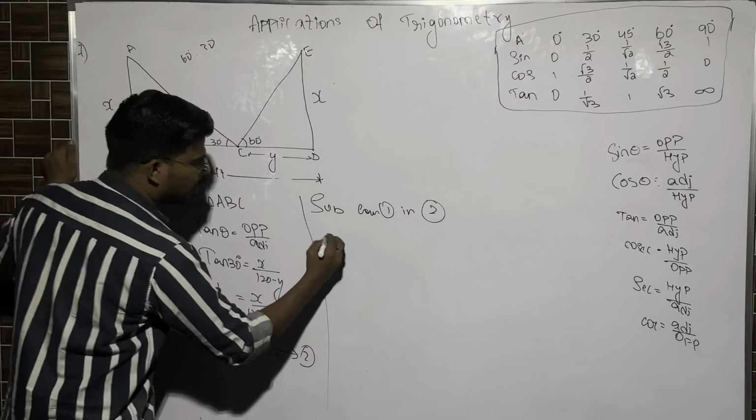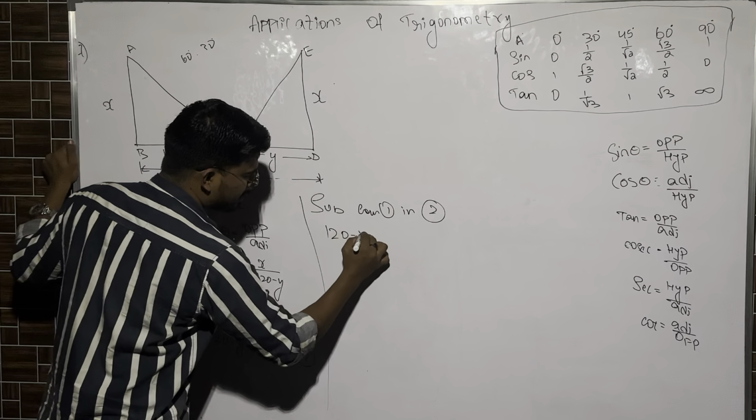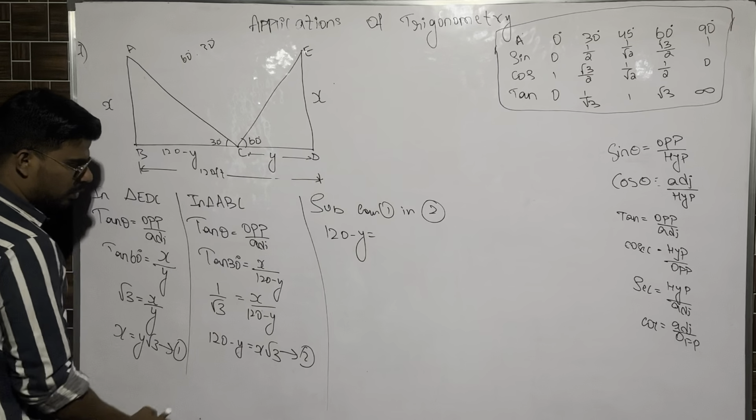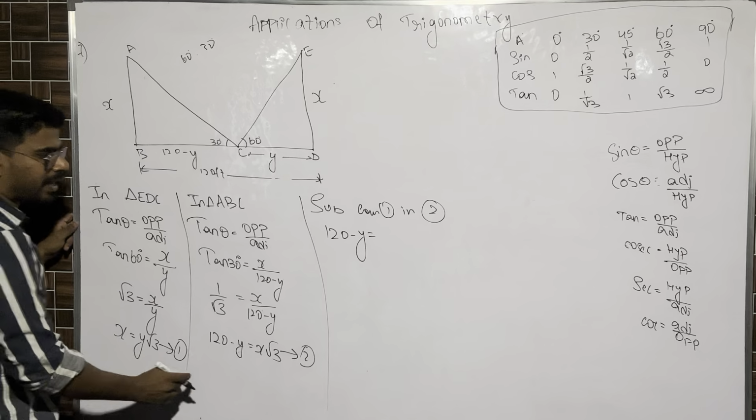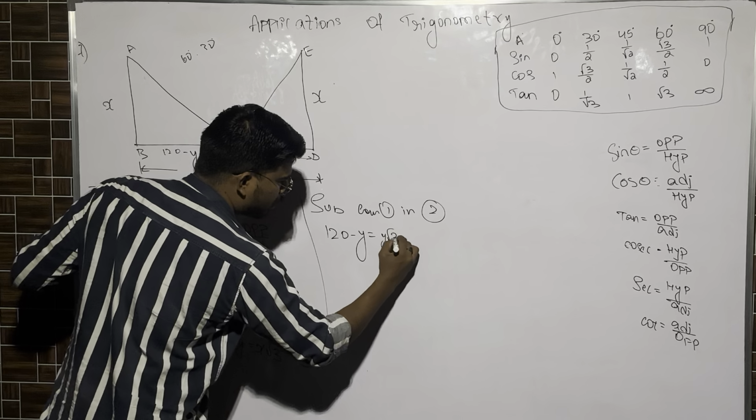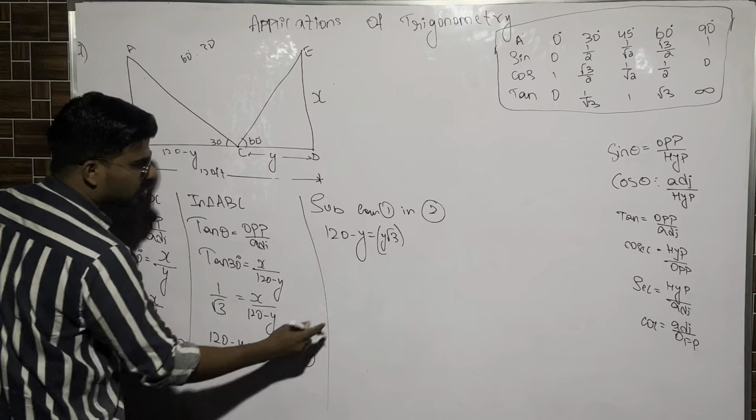What is equation 2? 120 minus Y is equal to X root 3. What is the value of X? Y root 3. Instead of X, we write Y root 3. So 120 minus Y is equal to Y root 3 into root 3.